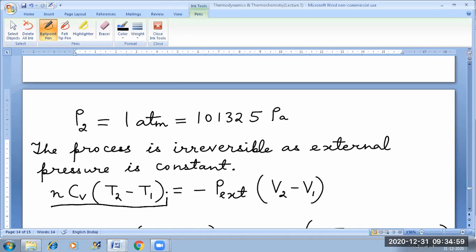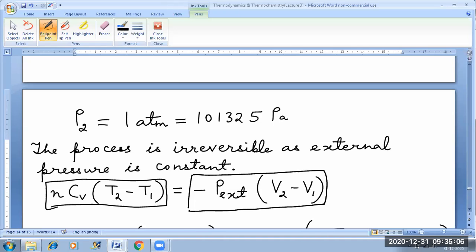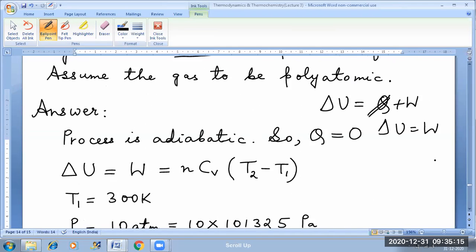This is delta U. This is W. And this is delta U. Delta U is equal to W in an adiabatic process. Just now we proved this.